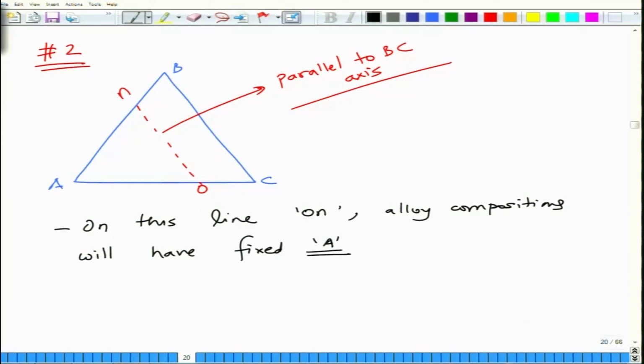Okay. Similarly, if you have a line which is parallel to AB, and you take many compositions on it, all of them will have fixed C content. Okay. So this is another rule.